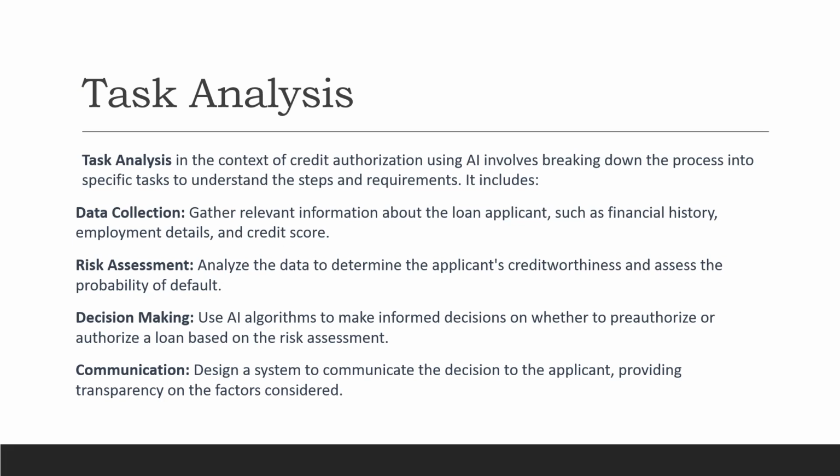And finally, communication includes design a system to communicate the decision to the applicant, providing transparency on the factors considered. And in this part, we need to review extended explanations just to be very clear about the understanding in the case of the applicant about the decision or the final result.